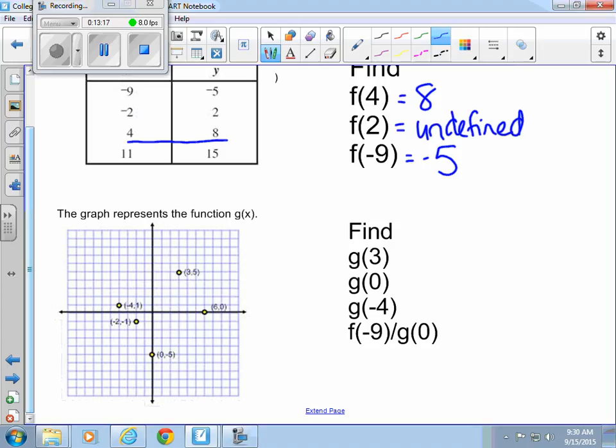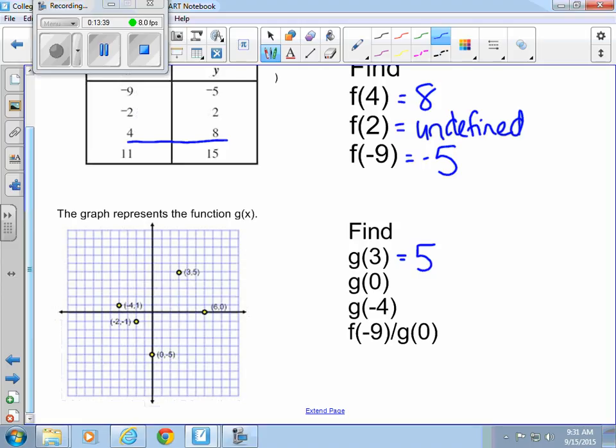When x is 3, where's the y value? At 5. If you can't see that point, it's labeled 3, 5. So it's the y value when x is 3. So g of 3 is 5.